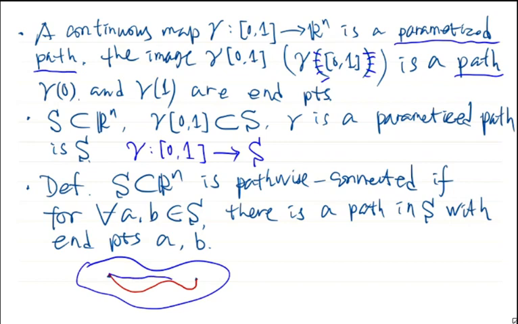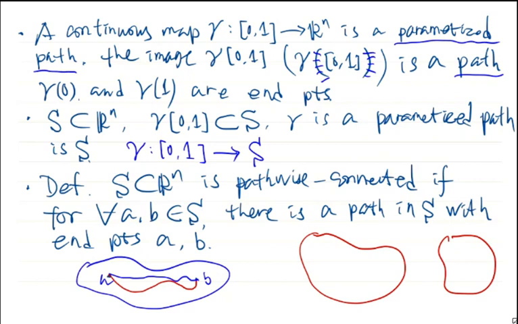We can also have another path connecting these 2 points, A and B. Well, if S consists of these 2 parts, this S is not path connected because this point A and this point B cannot be connected by a path in S. Although of course we can connect these 2 points by a path, part of this path lies outside S. Therefore, A and B cannot be connected by a path completely contained in S. So this S is not path connected.